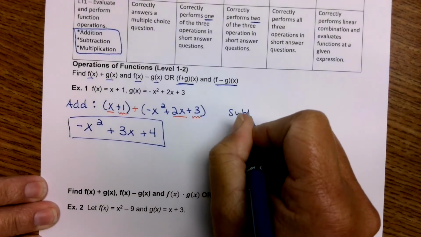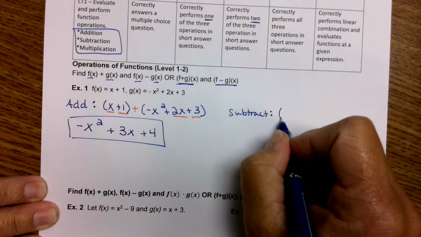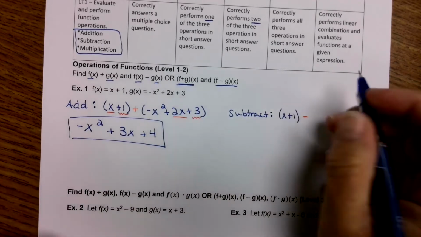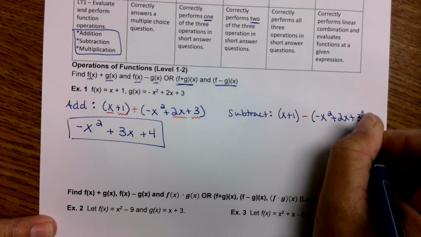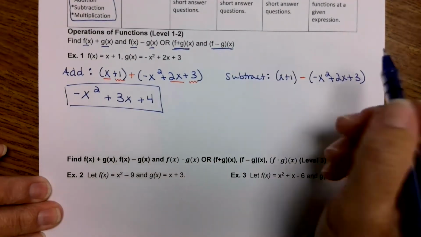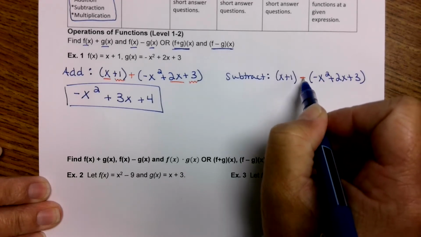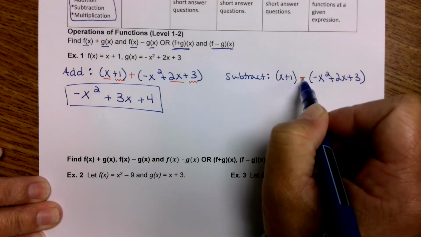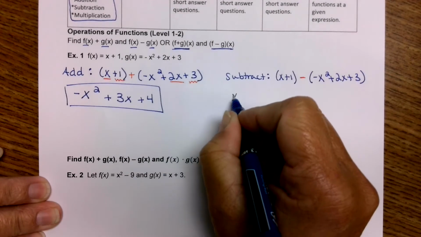What if we subtract? So I want f of x, which is x plus 1, minus g of x. Subtraction, again, you are just combining like terms. So I want to go to the highest exponent first. Now remember, this is a negative x squared, or we are minus a negative x squared. So minus a negative is a positive x squared.